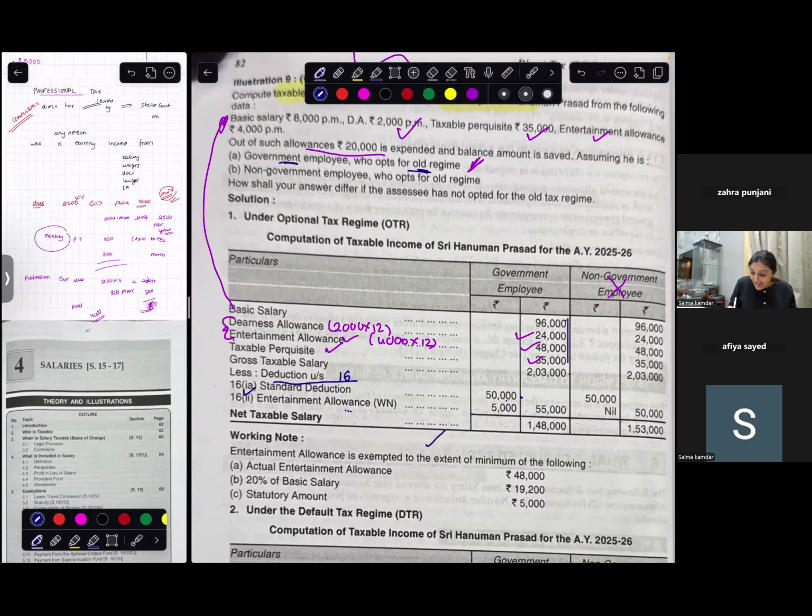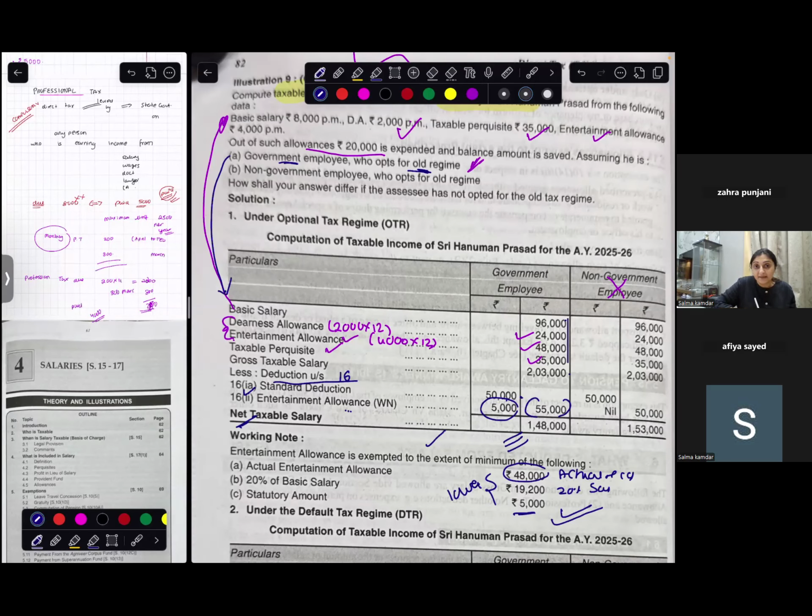Entertainment allowance: actual received or 20% of salary or 5,000, whichever is lower. Maximum cannot be more than 5,000. So this will be given as deduction and this is net salary. So did I calculate entertainment allowance? Yes. Did I calculate net salary? Yes. So my option A is done.